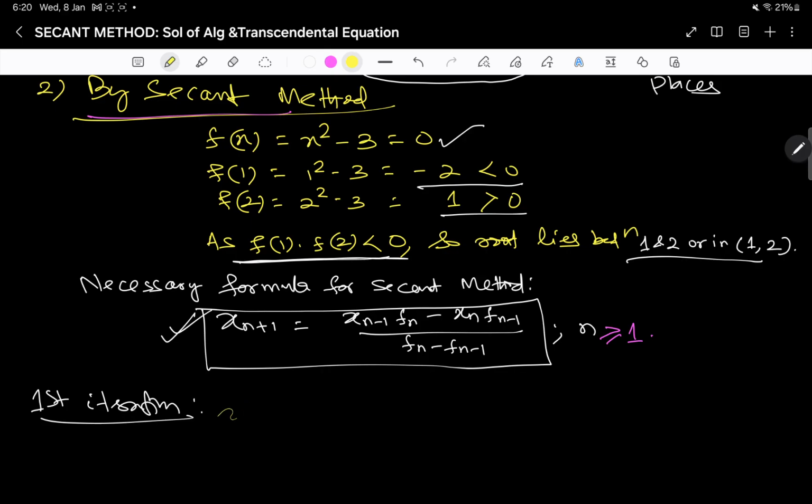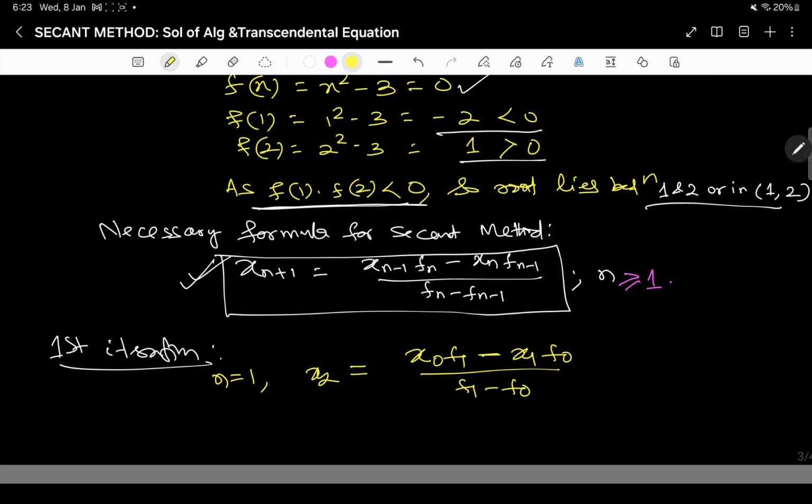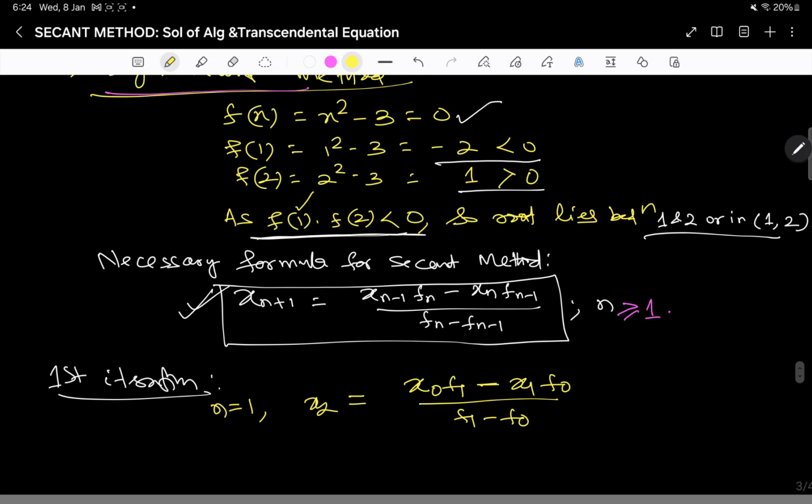you see here for n is equal to 1, x2 is x0 f1 minus x1 f0 divided by f1 minus f0. So the necessary formula is this. Here x0 is 1 and f0 is -2, x1 is 2 and f1 is 1.